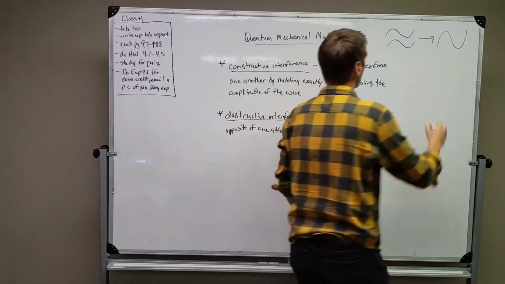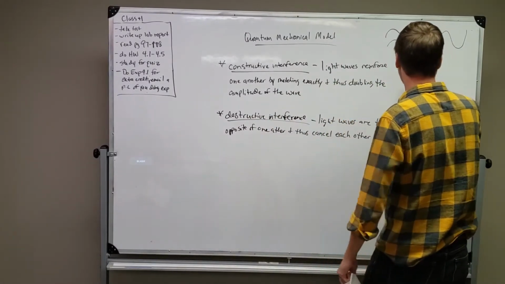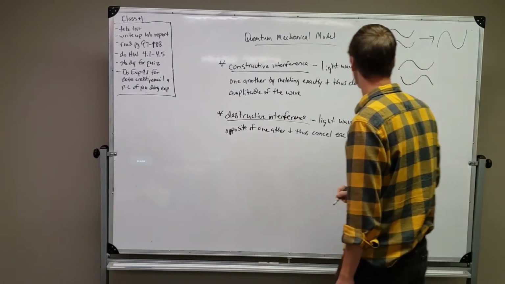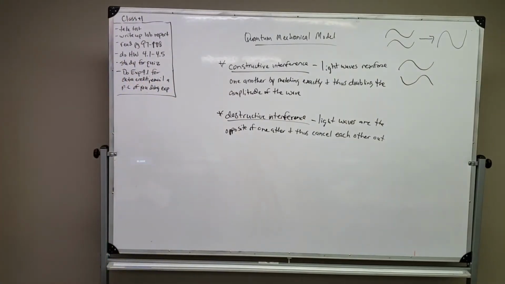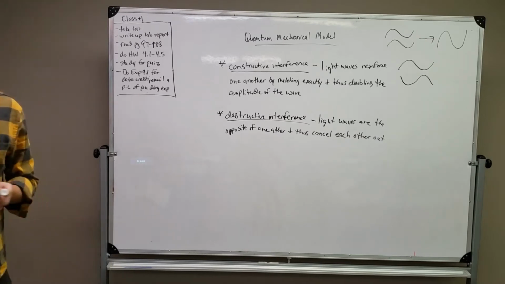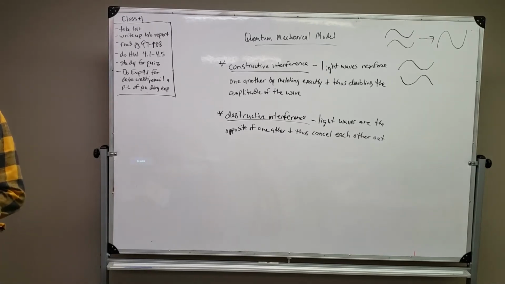So in that case, you have one light wave that's like that, and another light wave that's like that, and they cancel each other out. So that's why you have the dark patterns. And this only happens because light behaves like a wave.